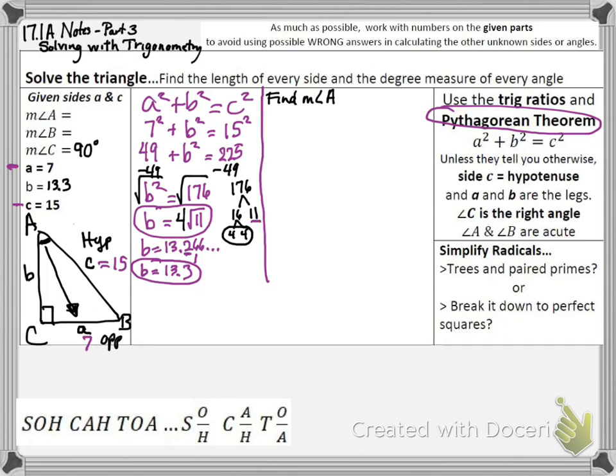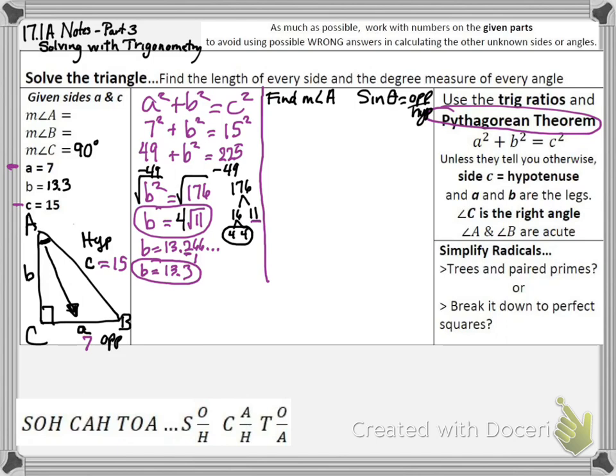The one trig ratio we know that uses opposite and hypotenuse is sine. And so the sine of an angle is always equal to the opposite over the hypotenuse. If you're looking at your SohCahToa, that's that part right there. Okay.